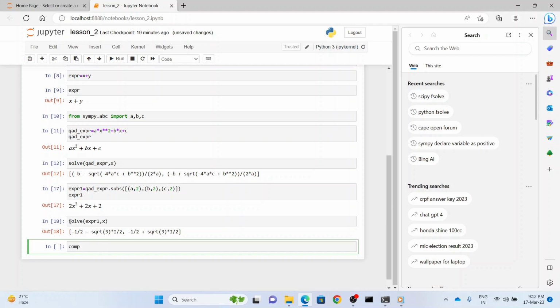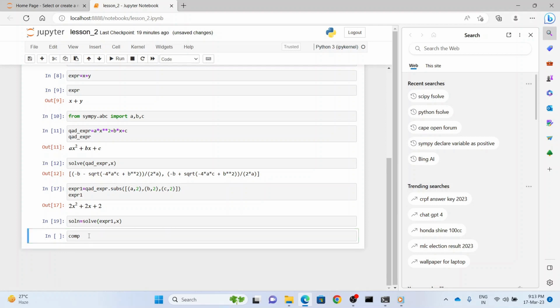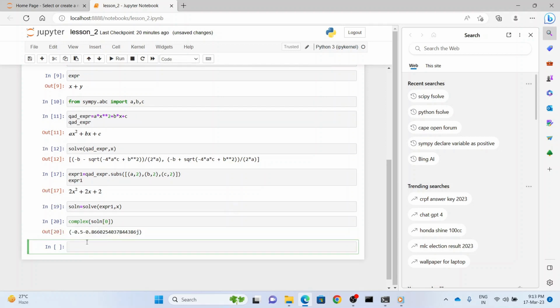So first we have solved this equation. So we assign these roots to another variable, that is soln, and again execute this. Then we write complex of soln zero, and therefore we get the first root, that is minus 0.5 minus 0.866 whatever after that j.